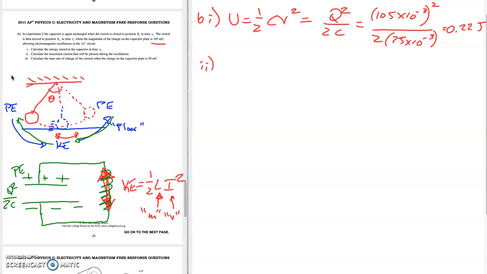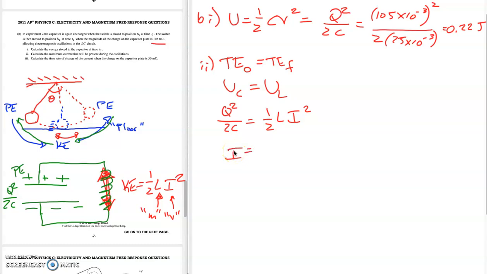Calculate the maximum current that will be present. Well, what we're going to do is say total energy original is going to be total energy final. And originally, it's the energy in the capacitor. And at the end, it's going to be the energy in the inductor. Well, we have a number for the energy in the capacitor, and we got that using Q squared over 2C. And now we're going to get the energy in the inductor using 1/2 Li squared.